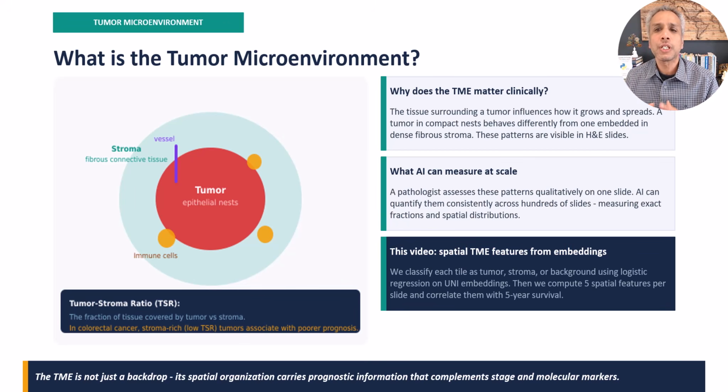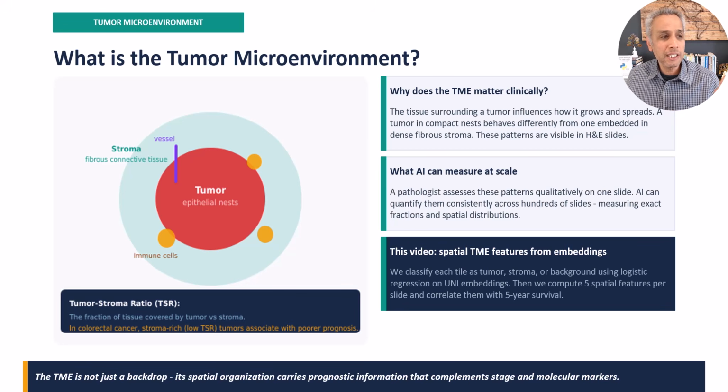This ecosystem is what we call the tumor microenvironment. The tissue surrounding a tumor actively influences how it grows, how it invades the surrounding structures and how it responds to treatment. So a tumor that grows in, let's say, compact, dense nests with little stroma behaves very differently from one that is embedded in extensive fibrous stroma.